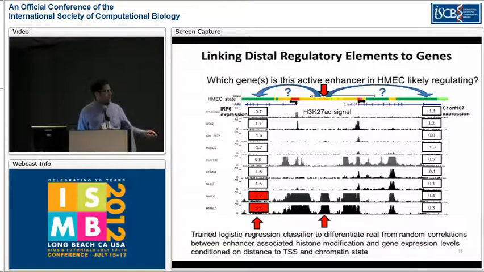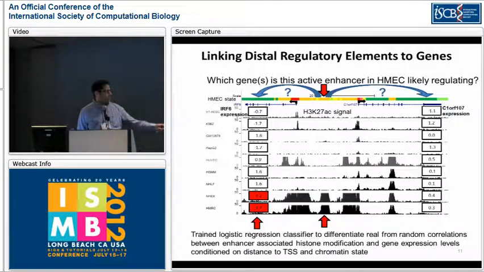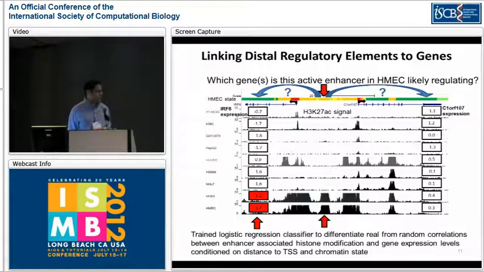For example, if this location in the genome had a K27 acetylation, which is a mark of active enhancer, specifically in the two cell types where this gene tends to be higher expressed, and in this case it's low, not as correlated, then this gives us some statistical evidence that this enhancer is more likely regulating the gene at the left. And we had a computational method which would integrate multiple enhancer modifications, the correlations, and information about the distance and the specific chromatin state assignment using a logistic regression classification framework to give probabilistic linkage scores.